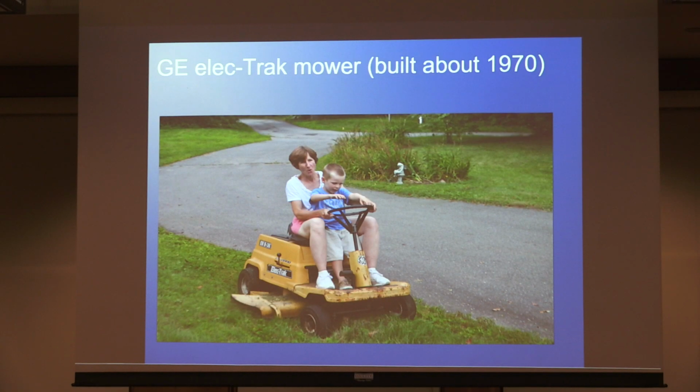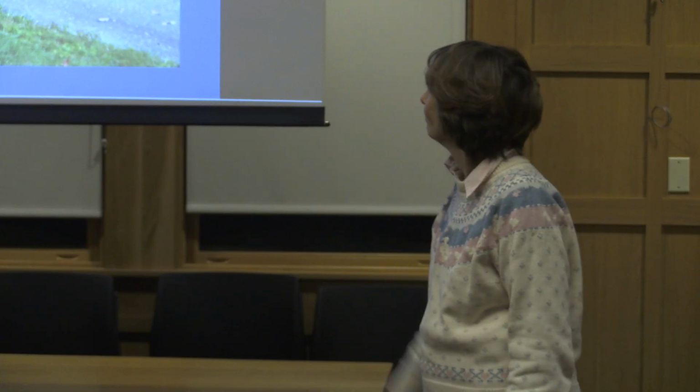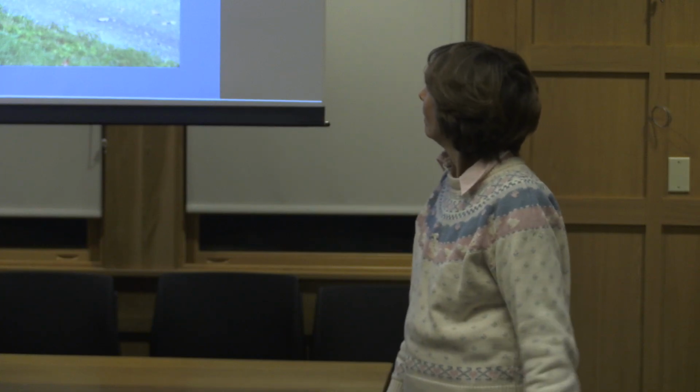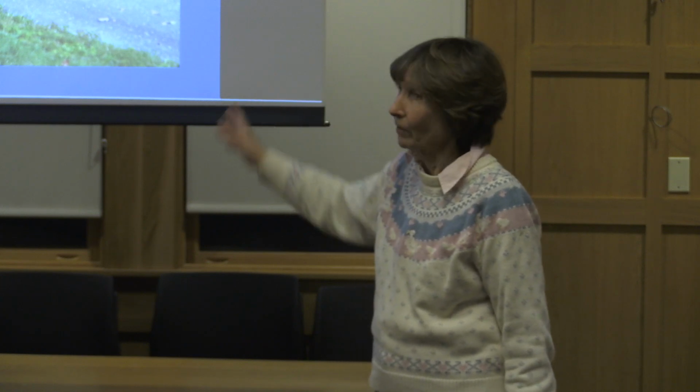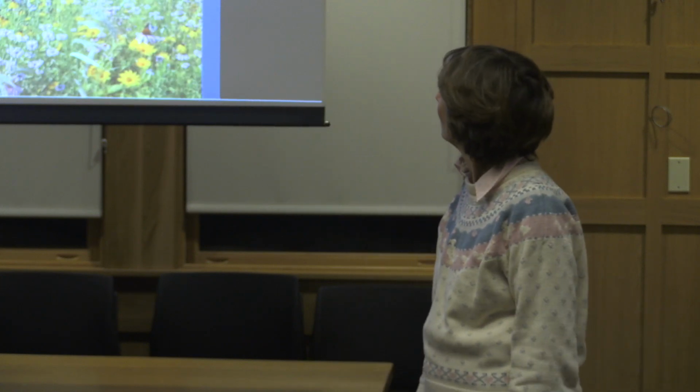Okay, and here we have an electric mower, built about 1970, and I put that there because we'll get onto that and point out a little bit about some of the equipment that we use on our lawns that's not earth friendly necessarily.